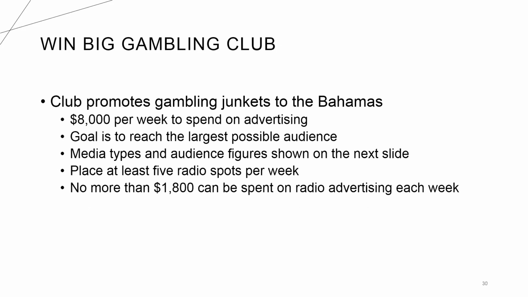And then we also have the 2 extra constraints here that we have to place at least 5 radio spots, but not spend more than 1,800 on radio spots. Okay, so those are going to be extra constraints. So we're going to have 7 constraints in total. The 4 maximum spot constraints, and then these 2 extra constraints, and then the budget constraint.